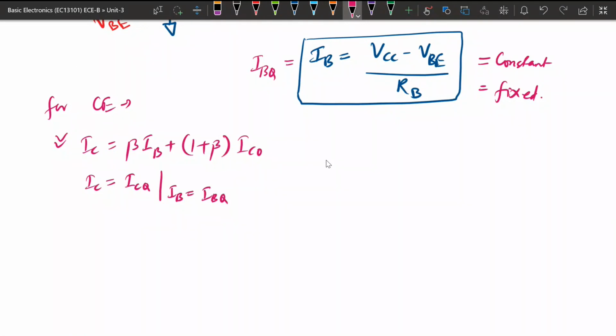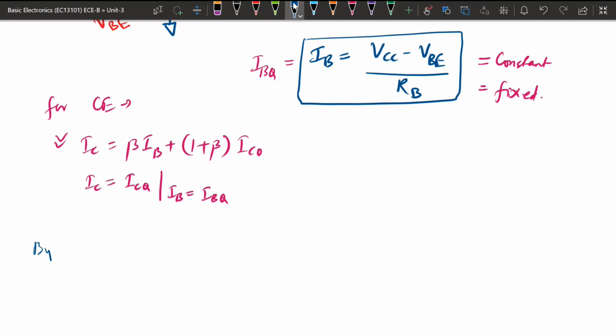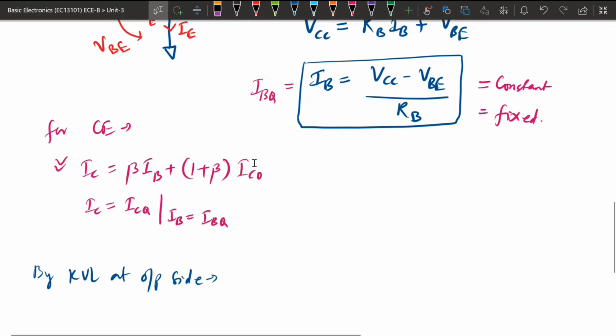Once we have ICQ, at the output side, by KVL, if we apply the KVL at the output side, we can just see.